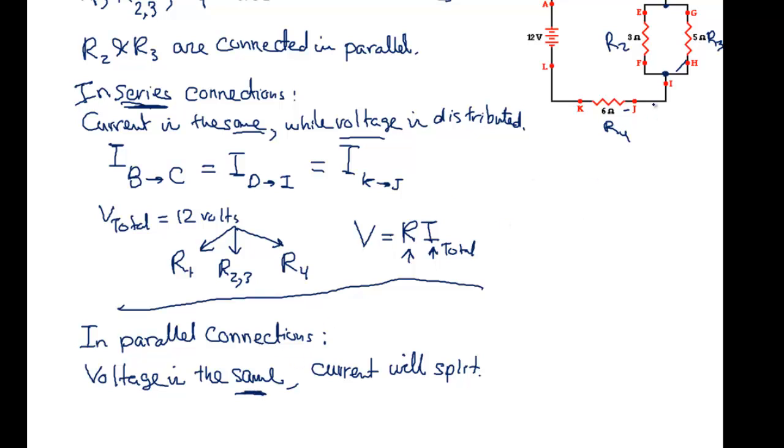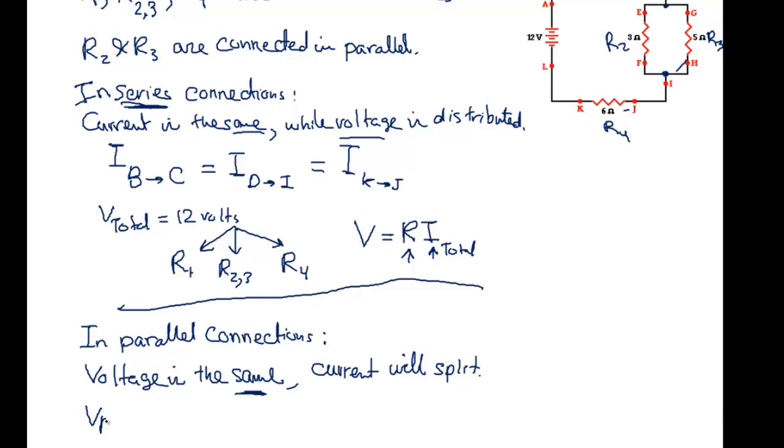This means that the voltage across E and F, which is across the 3 ohm R2, will be the same as the voltage drop across R3, across the 5 ohm resistor between G and H. So the voltage drop from G to H is equal to the voltage drop between E and F. Okay, so those two resistors will share the same voltage.